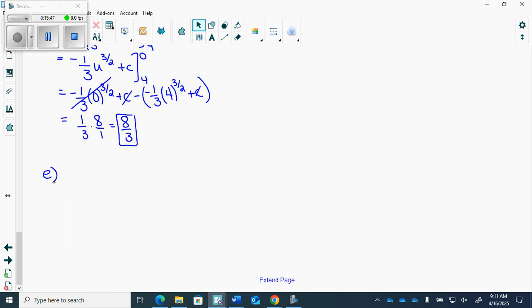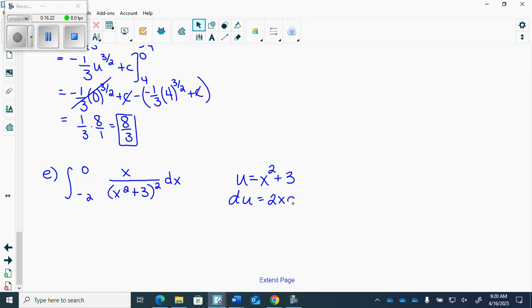E. Going to replace x squared plus 3 with u. du equals 2x dx.